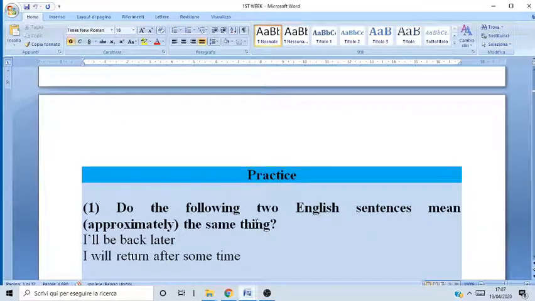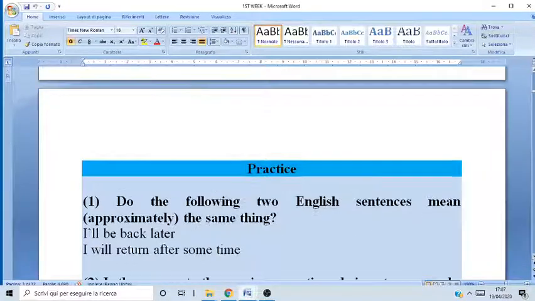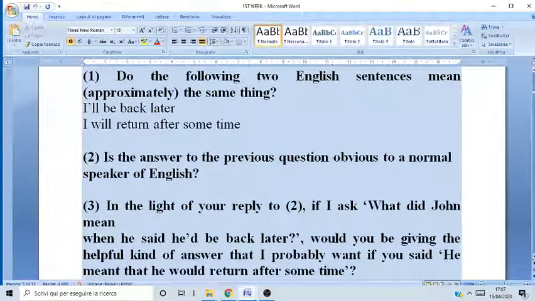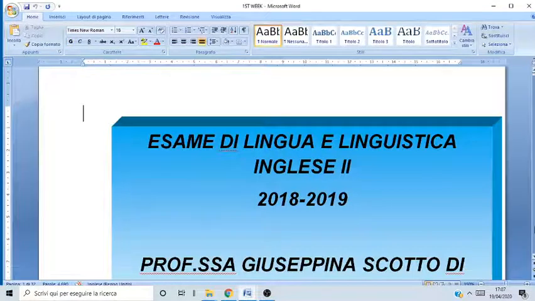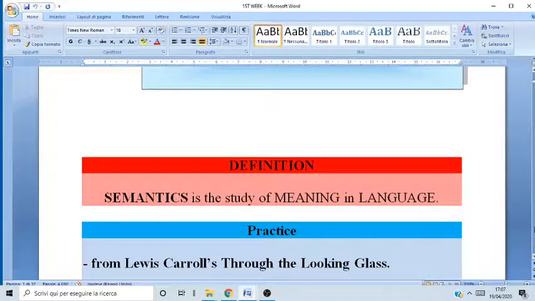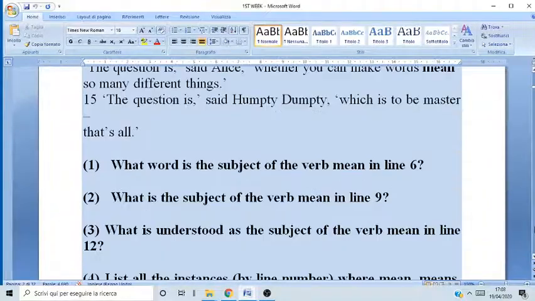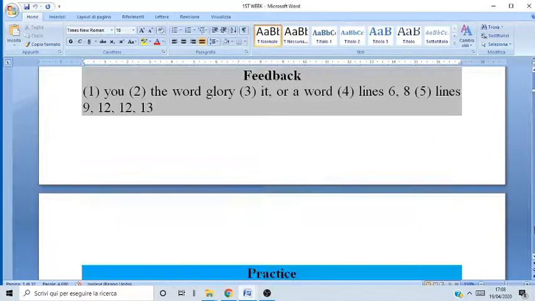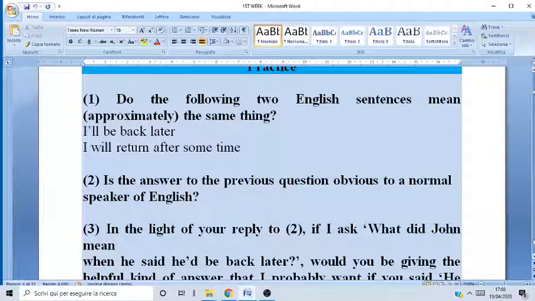So do these 2 sentences mean the same thing? Yes, they do. I'll be back later and I will return after some time. Is the answer to the question obvious to a speaker of English? Of course, yes, it is. Would it be useful? Question number 3. Well, no, because it's not what we want to know.